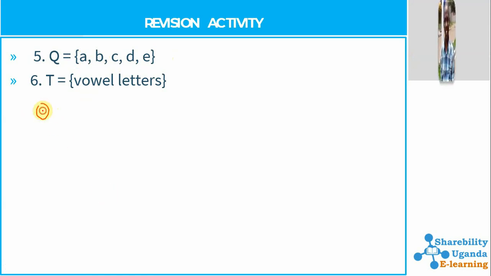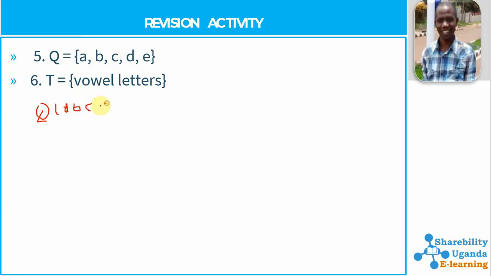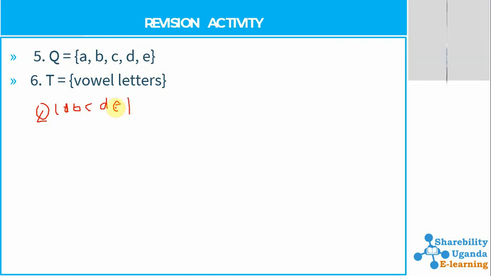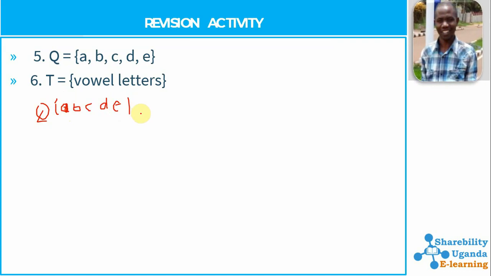Our set Q has members or elements: element A, element B, element C, element D, and element E. Those are the members within our set Q. They want us to find the number of subsets that can be formed within this set.